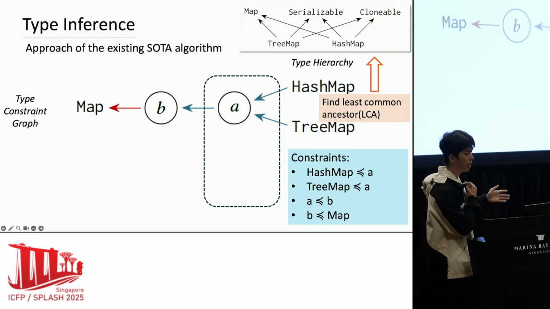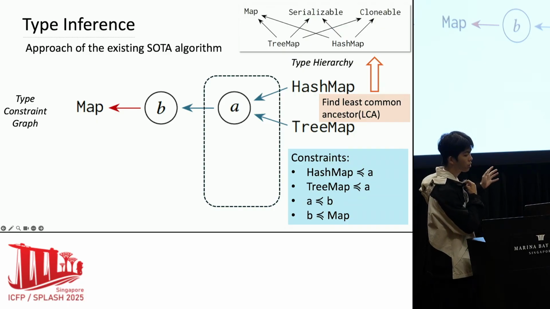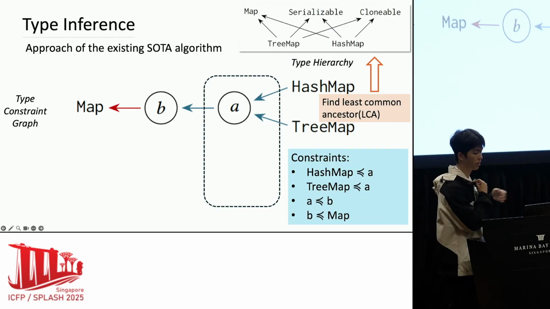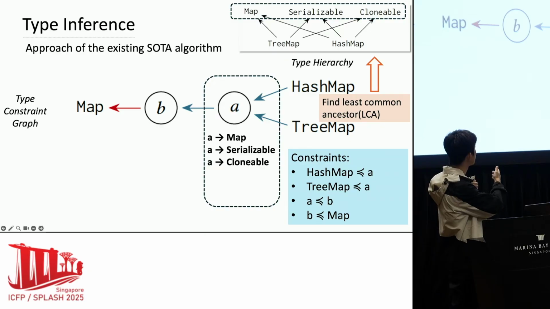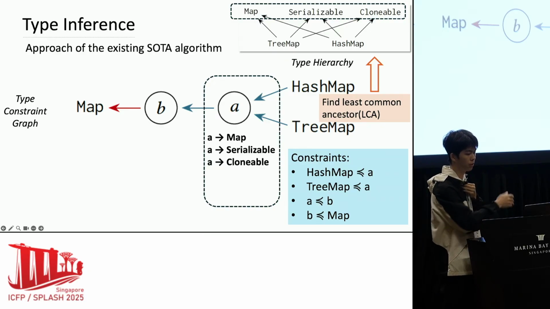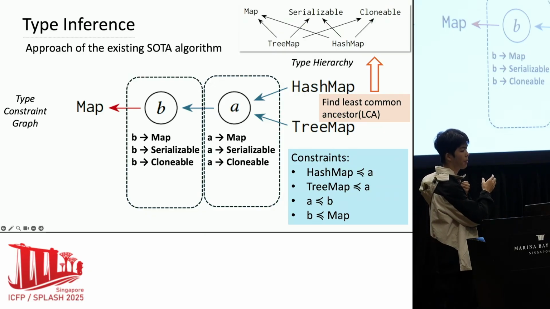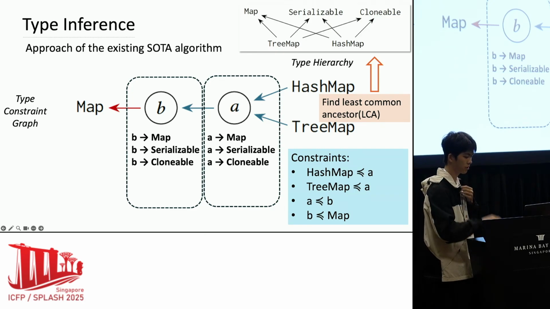When handling variable A, since A is a parent type of its predecessors, they need to find the least common ancestor, the LCA, of those predecessors in the type hierarchy. So the type of variable A may be Map, Serializable, or Cloneable. For variable B, because it's the parent type of variable A, its type may also be the same 3 types.